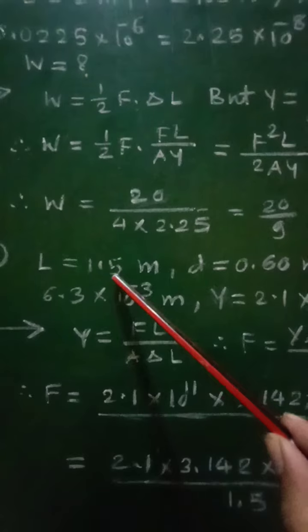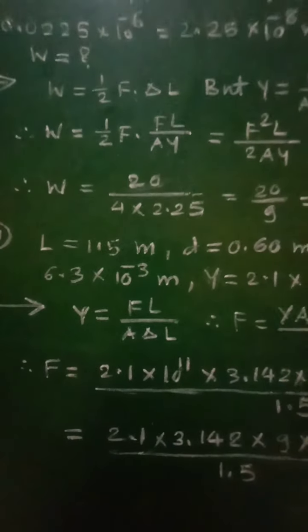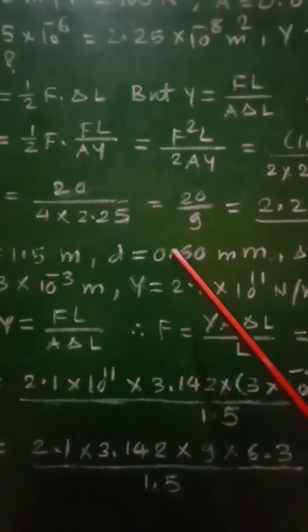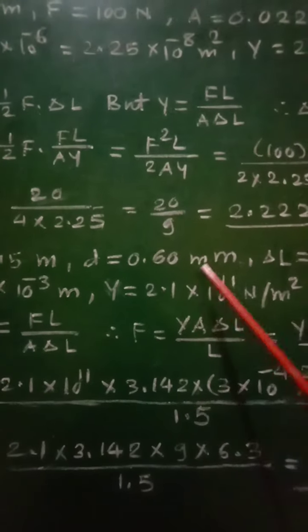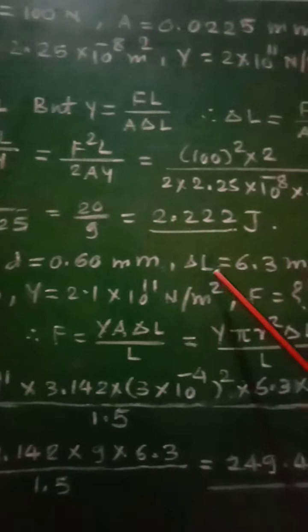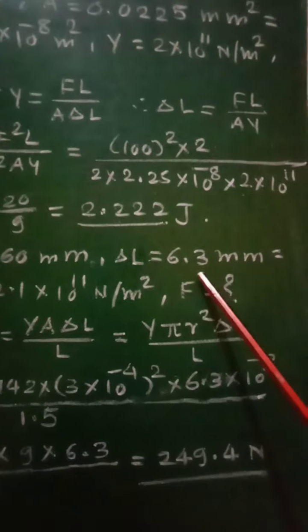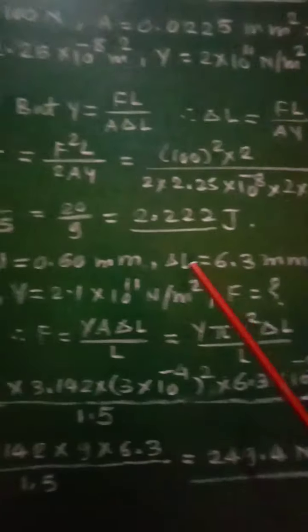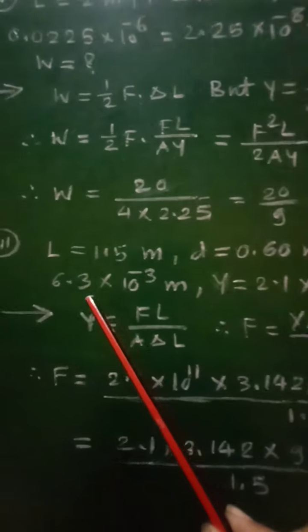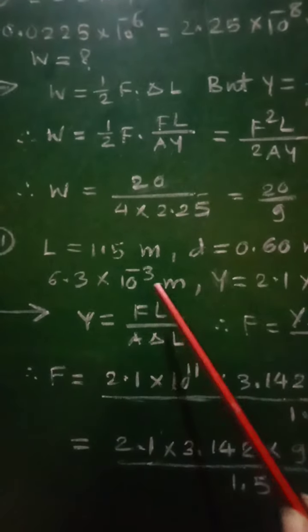Length of the wire is 1.5 meter. Then diameter of the wire is 0.60 millimeter. Then delta L, that is change in length, equal to 6.3 millimeter, which will be equal to 6.3 into 10 raised to minus 3 meter.